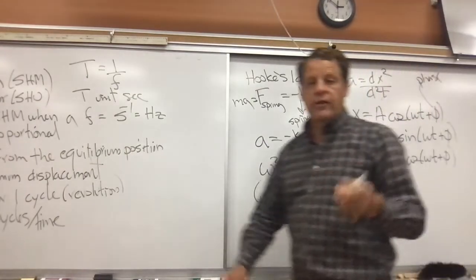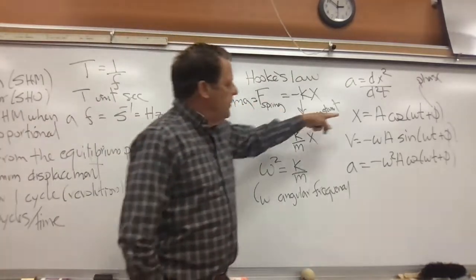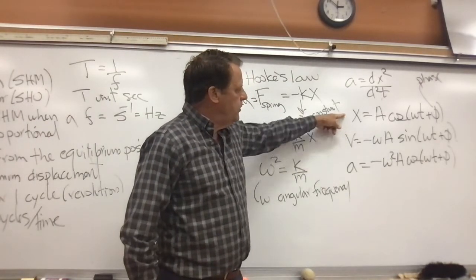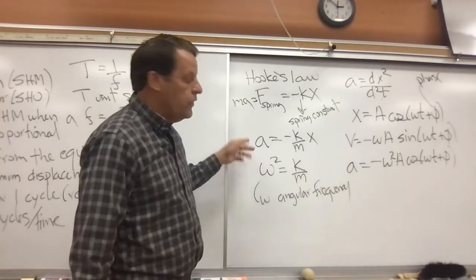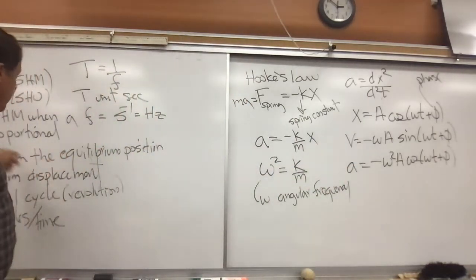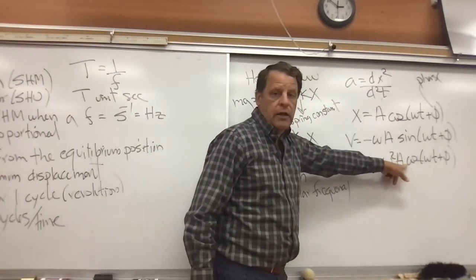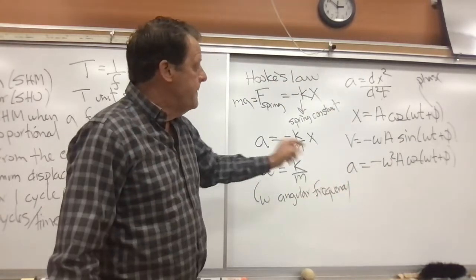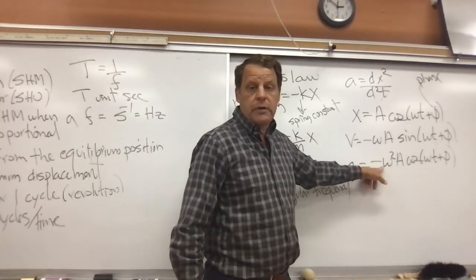This satisfies our needs because the second derivative of position is acceleration, and for simple harmonic motion we want the same function, cosine of omega t plus phi, except that it's going to be negative.